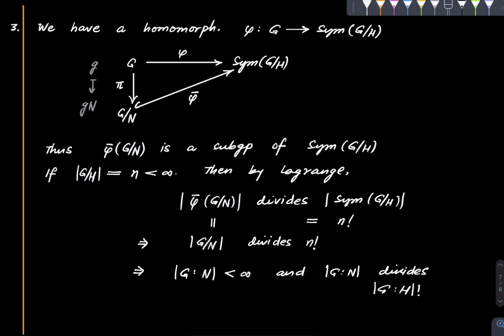Basically, the third part is only the fact that this is a finite thing, this is an injective map, and hence since you're embedding some object into a finite set, this object must also be finite. And the second part was the divisibility claim that immediately follows from Lagrange's theorem.